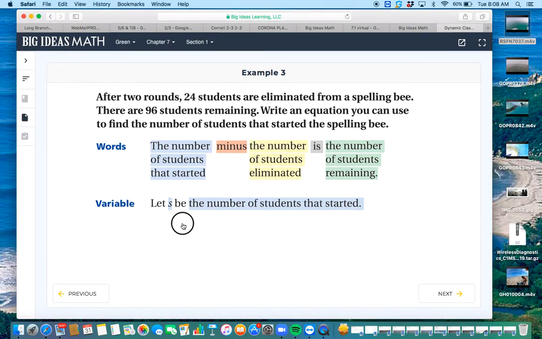And when we put it all together, the number of students that started minus the number of students that were eliminated is equal to the students that were left over. S minus 24 is equal to 96. 24 less than S equals 96. Now remember, S is the number of students that started that we don't know. Later in this chapter, we'll solve for these unknowns. But for right now, we are only writing these down.